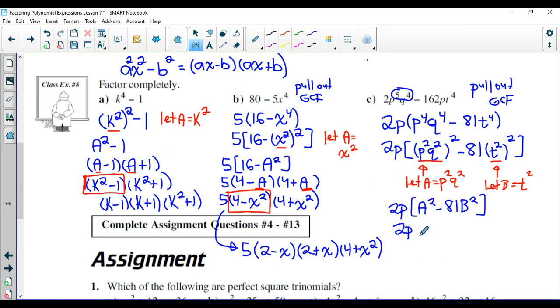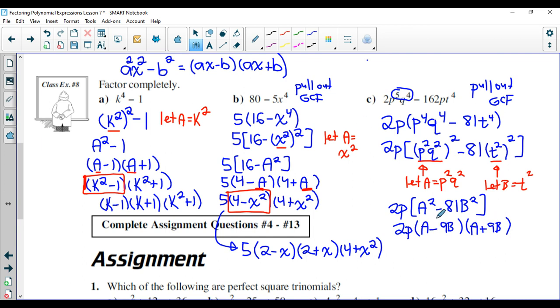This is a difference of squares, so this would break down to two factors. The first term in each factor will be the square root of the first value, which is a. And then the second term in each factor is the square root of the second term. So the square root of 81b squared would be 9b. Then you have a minus, and then you have a plus.